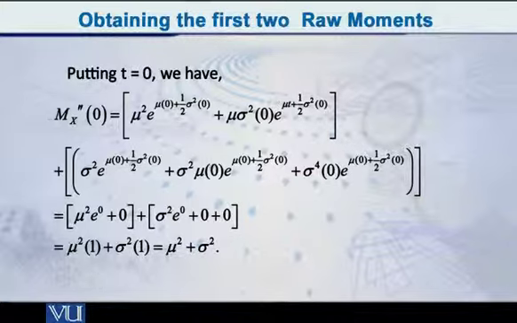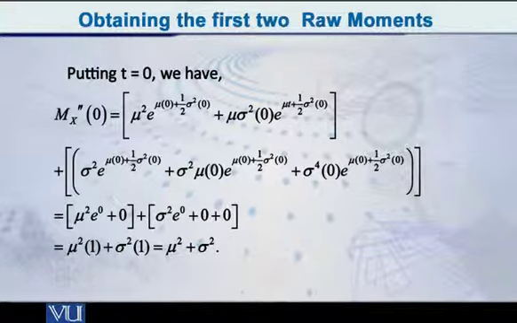And this whole thing is to be added to mu into sigma square into 0 into e raised to mu into 0 plus half sigma square into 0. This is not complete yet, after that plus another lengthy expression, and you can put all the zeros wherever you have to put them yourself. Also, it is in front of you on the screen.